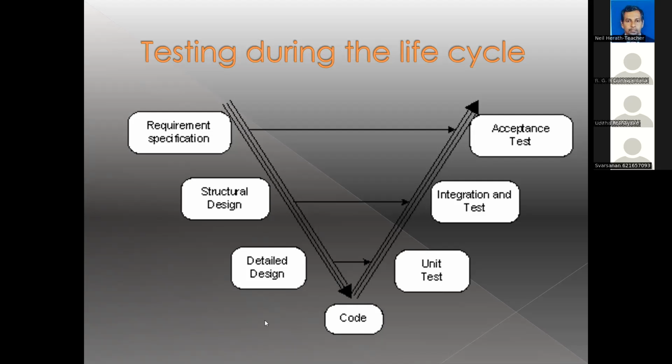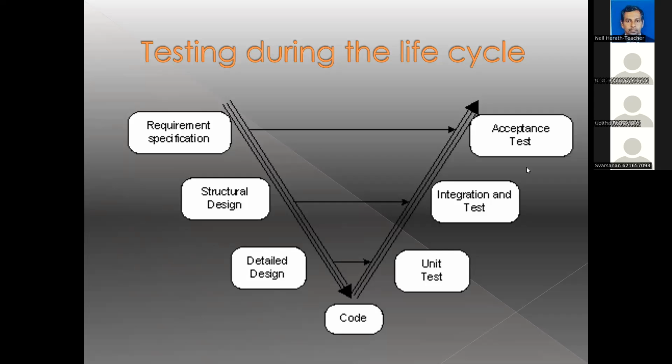After coding, meaning not after finishing coding, but maybe after writing, say, a few modules, you have to start testing. Unit test always corresponds to detailed design. The small units or the modules will be tested to make sure that they are working correctly.